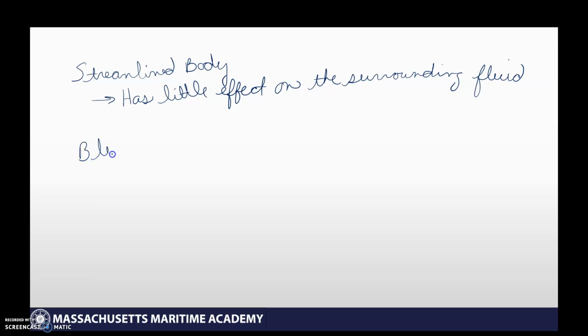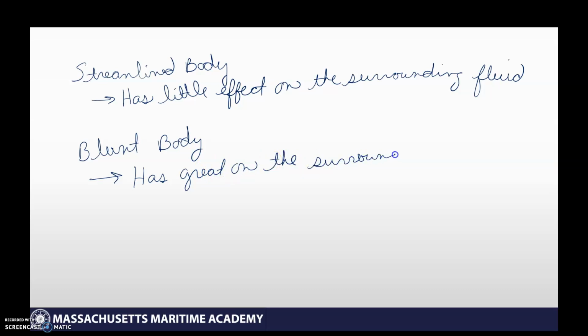The other one we have is called a blunt body. A blunt body is basically the exact opposite of a streamlined body, because it has a great effect on the fluid. This is basically everything else. Buildings are a great blunt body. A parachute.